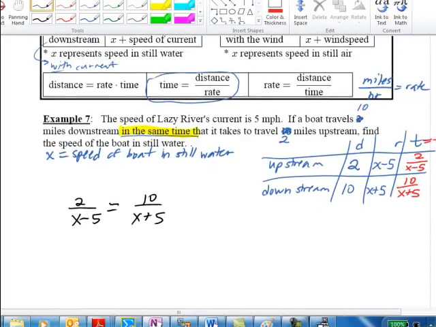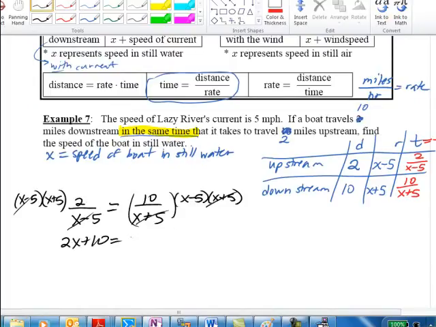Then we've basically just got a proportion here. So officially we're multiplying by x minus 5 and x plus 5 on both sides, the LCD, but it's going to look like we're just cross multiplying. So 2x plus 10 is the same as 10x minus 50.